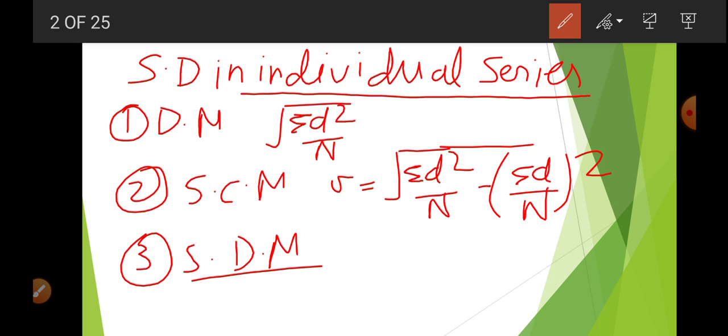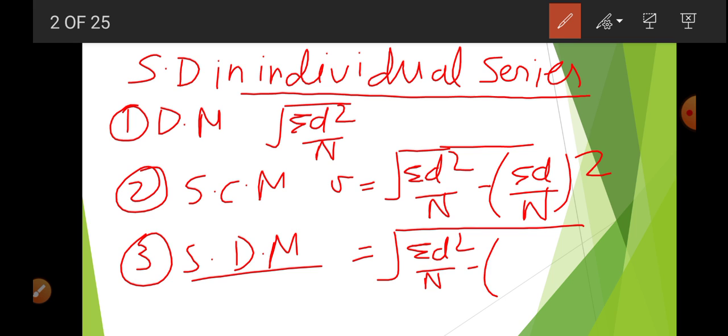Okay, student, step deviation method. So here we are going to use the equation under root sigma d square upon n minus in the bracket sigma d upon n whole square multiplied by c. Okay, and already I had given all the detail about these methods.